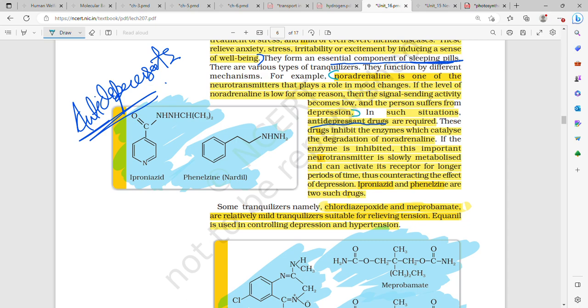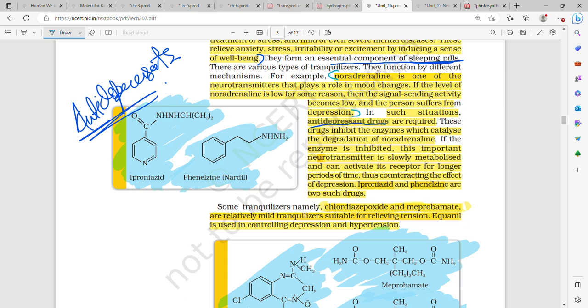So what do tranquilizers basically do? They function by different mechanisms. If noradrenaline in a person is low, then the person will have depression, mood swings, and will be sad and all those things. Why? Because noradrenaline is low, so signal sending activity is also low.